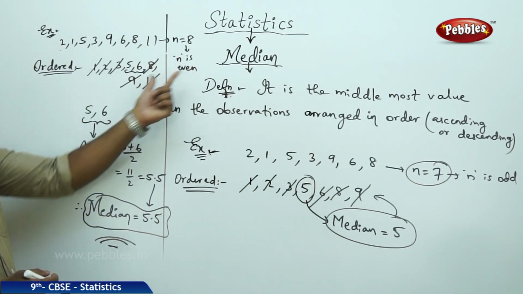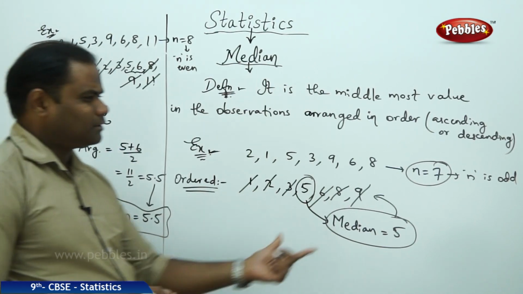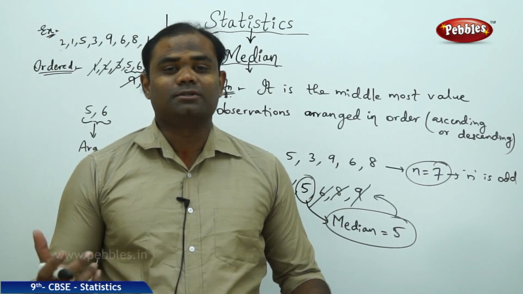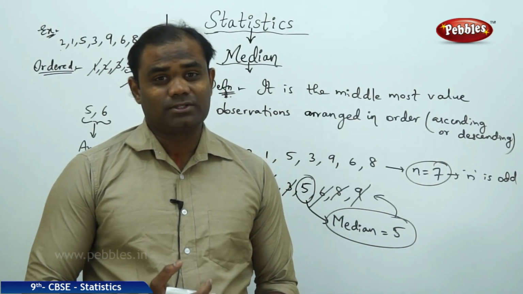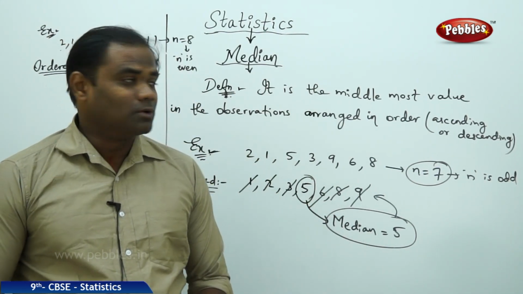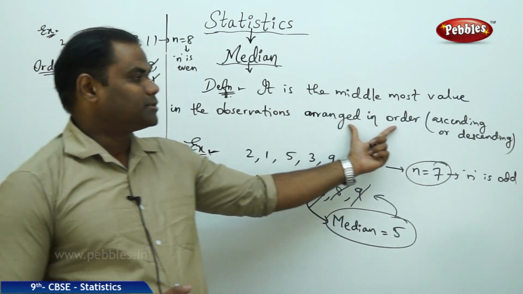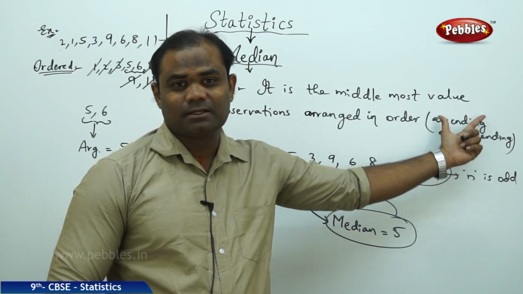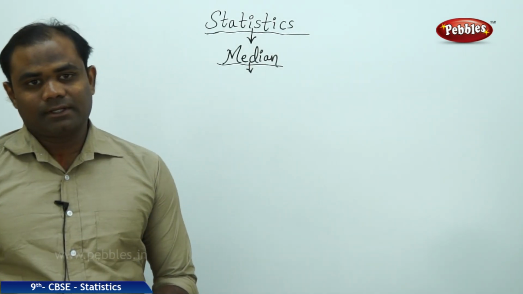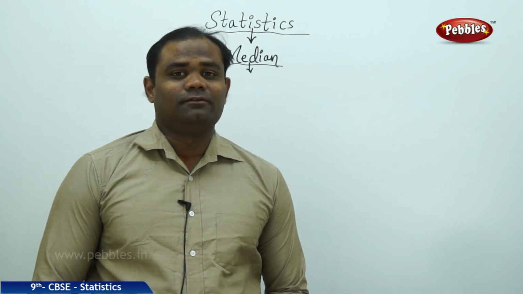So whenever n is even, we get a tie and we take the average. Whenever n is odd, we get only 1 single observation, which is the median. It's how we understand the concept of median being the middlemost value in the observations arranged in order, either ascending or descending order.